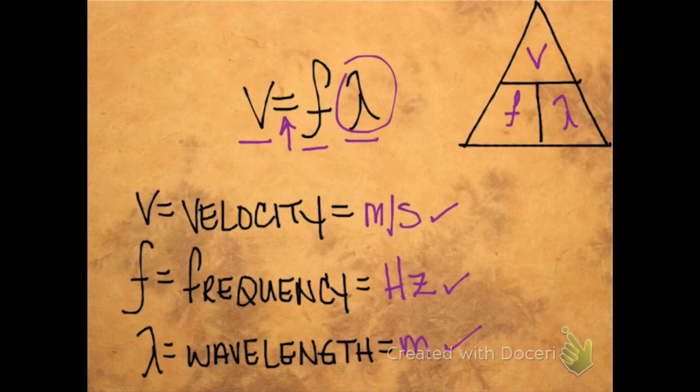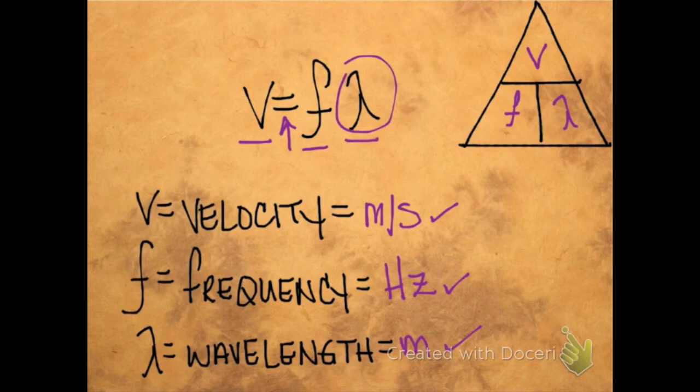Since wavelength is the distance between two consecutive crests or troughs, the frequency would be the number of crests that pass a point every second. So we're looking at something in seconds, which means you're going to take the inverse of it.